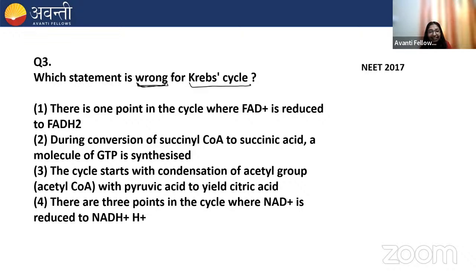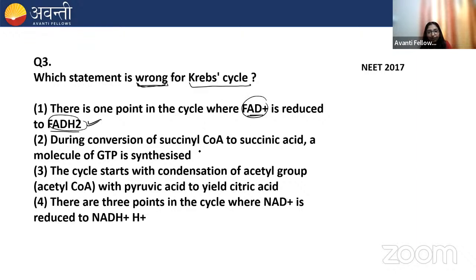FADH2 is there, NADH is there, ATP is there. See, there is one point in the cycle where FAD plus is reduced to FADH2. Yes, FAD is reduced to FADH2.